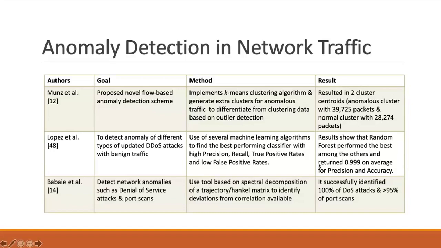Their results show that random forest performed the best with 0.9999 on average for precision and accuracy. The third paper identified 100% of DOS attacks and more than 95% of port scans using a tool based on spectral trajectory.